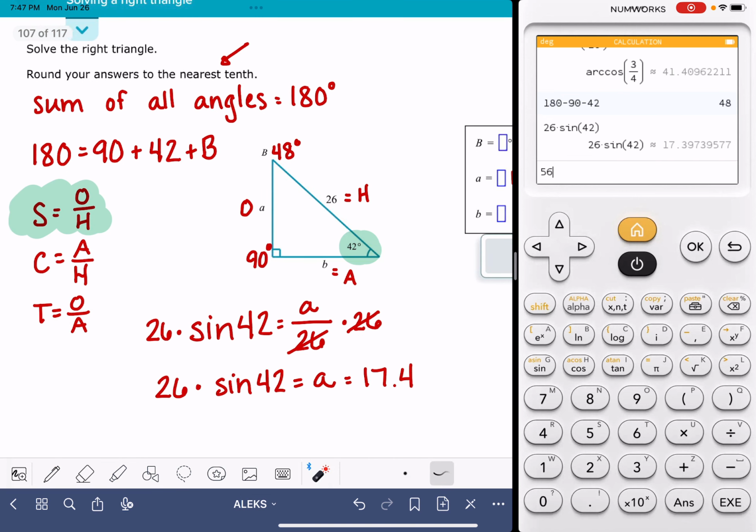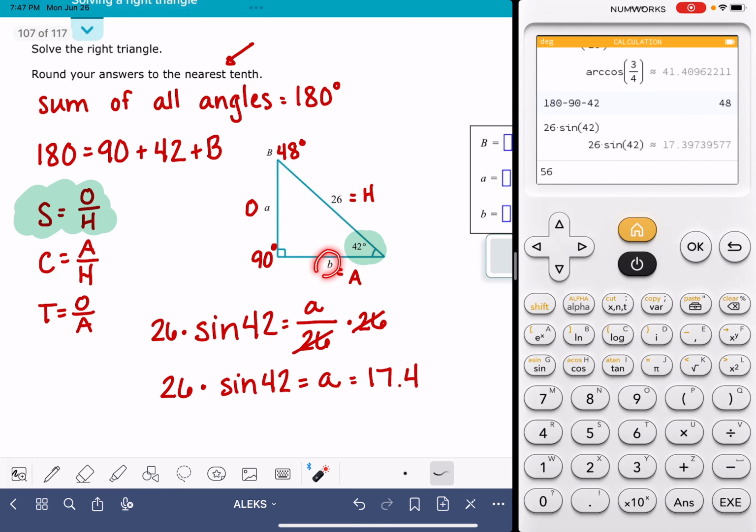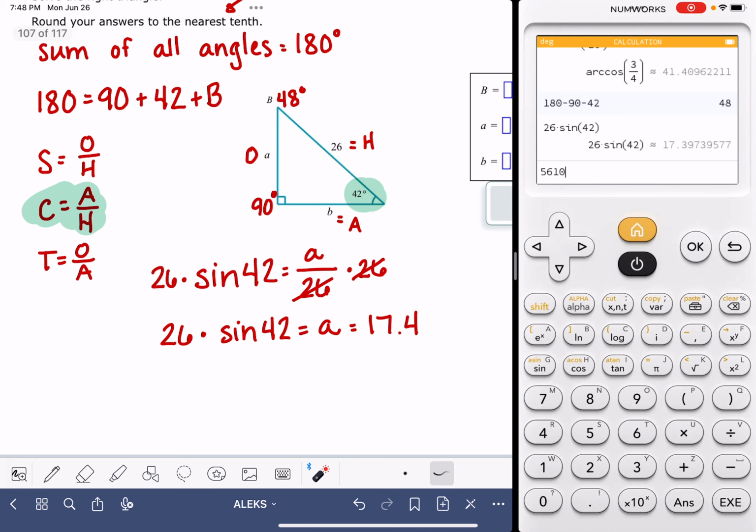So now we're going to do a pretty similar thing to solve for the side length B. We've identified, in terms of the 42-degree angle, this as the adjacent side. So we are looking for a relationship now between the adjacent and the hypotenuse, and that is the cosine relationship. The cosine gives us the relationship between adjacent and hypotenuse. Again, for the 42-degree angle, the cosine of the 42-degree angle is going to be the adjacent, which is our lowercase b, over the hypotenuse, which is 26.